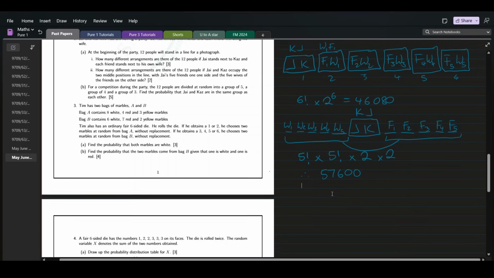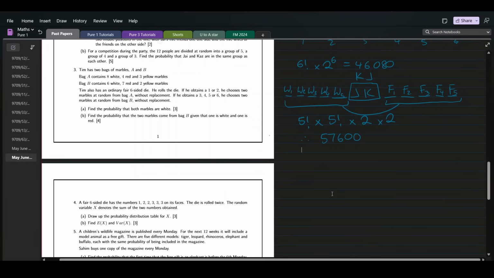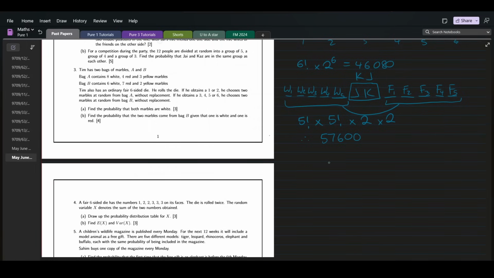Okay, so for J and Kaz to be in the same group, it means they are either in the group of 5. So let's just write it as G5. They are in the group of 5, 1, 2, 3, 4, 5. So we've got J and Kaz, and then the group of 4 is here 2, 3, 4, 1, 2, 3.